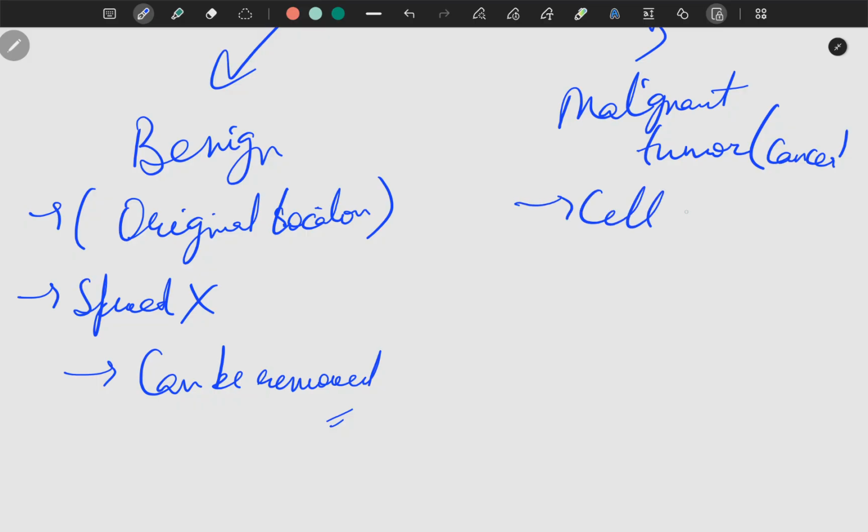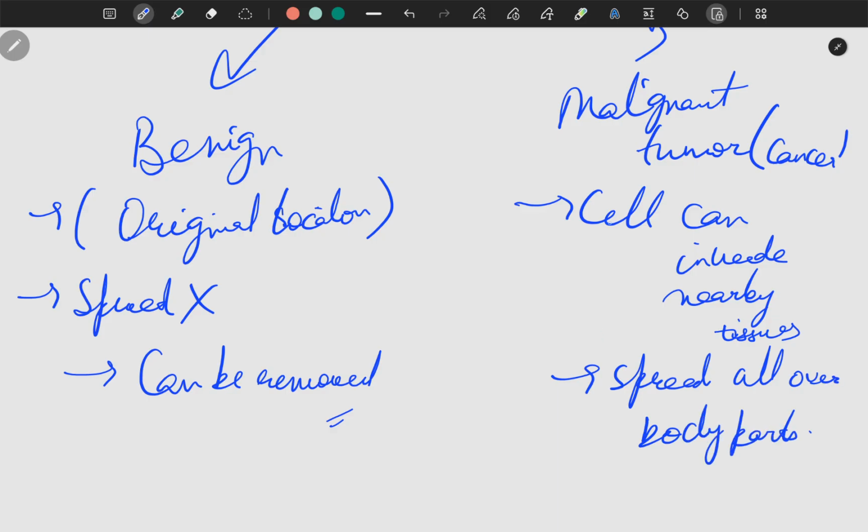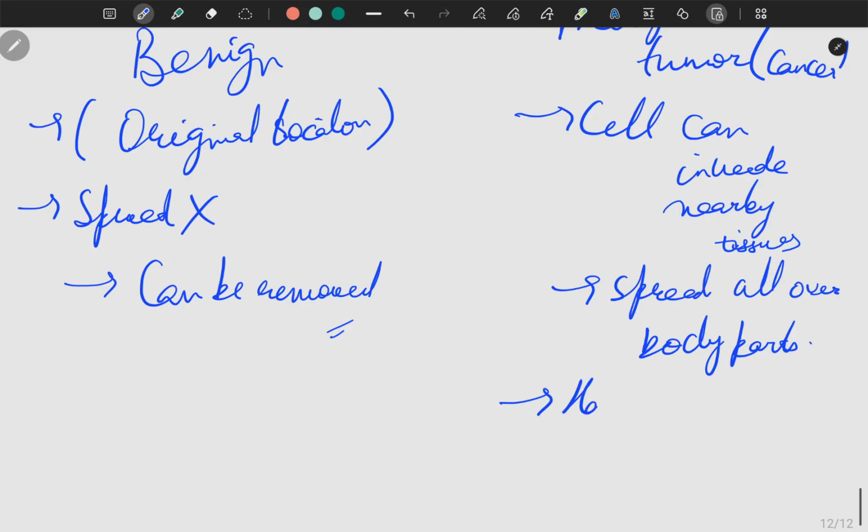It can spread, invade and attack nearby tissues, and spread all over the body, all over body parts, harming the organs of the body, which is life threatening. These are the true cancer cells.